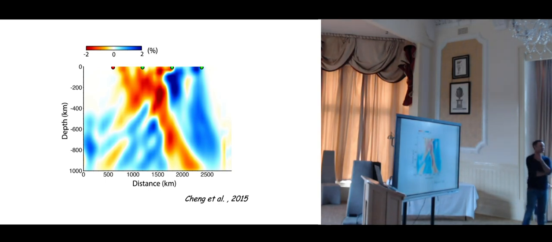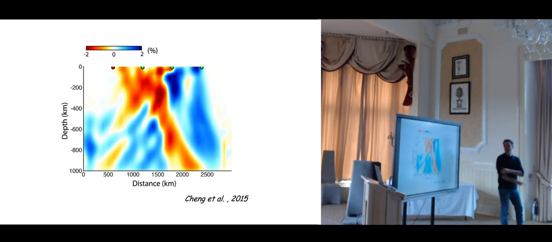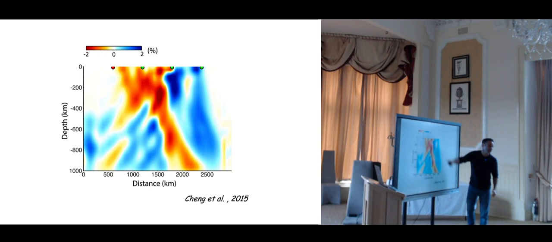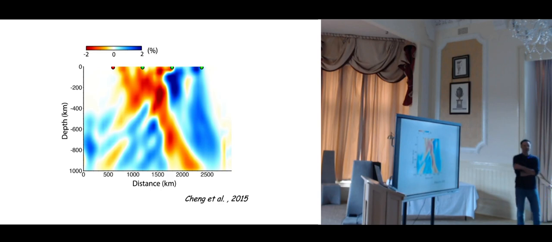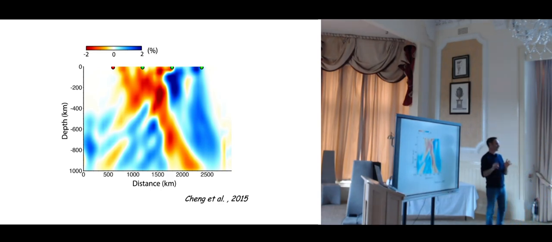And again, because it's a linearized, regularized inversion, there is no way to quantify whether this is due to smoothing and to quantify uncertainties. Can we really interpret that in terms of a hot material moving up? It's difficult.